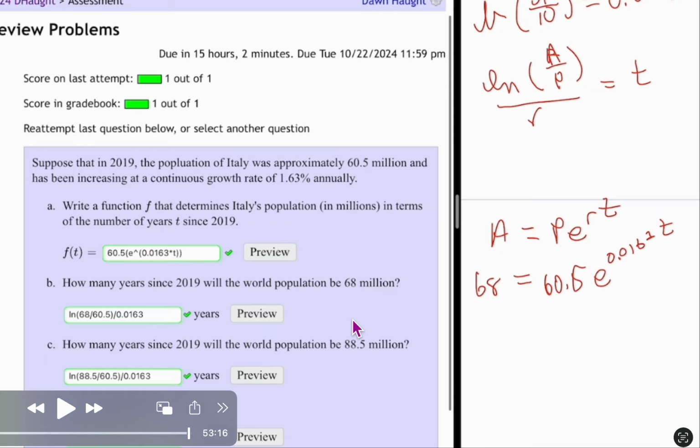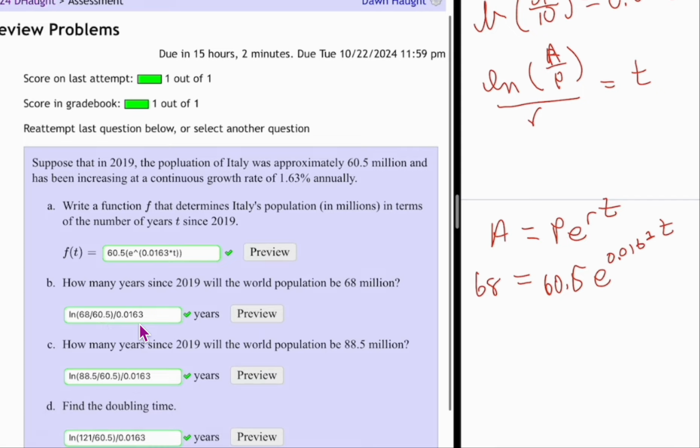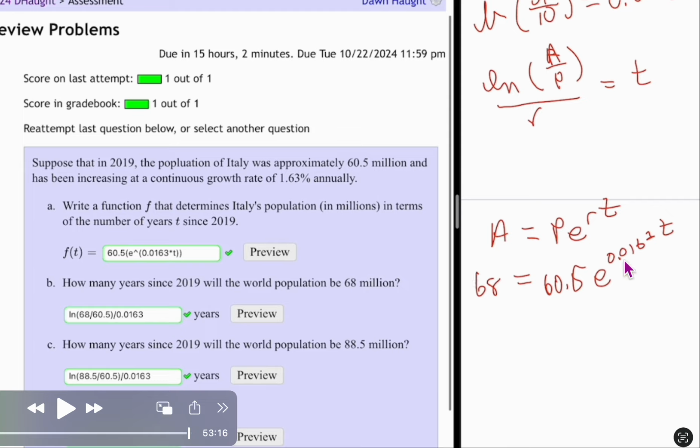You always have to divide 68 by your starting 60.5. See where it's the natural log of 68 divided by 60.5, all divided by the rate? Because we're going to take that natural log, and when we take the natural log of e, you just get that 0.0163.